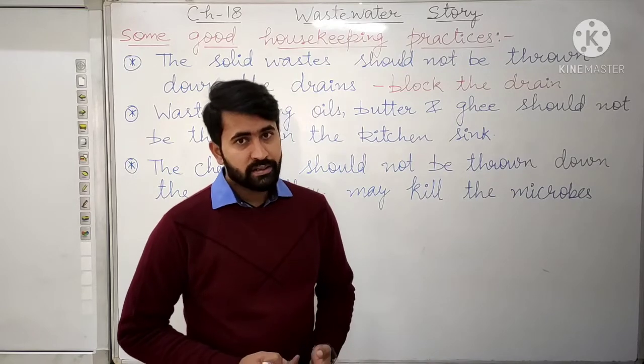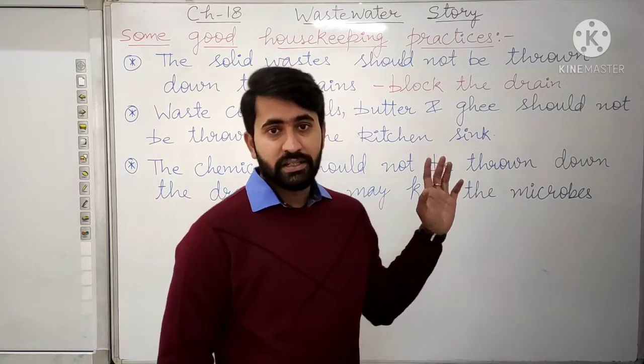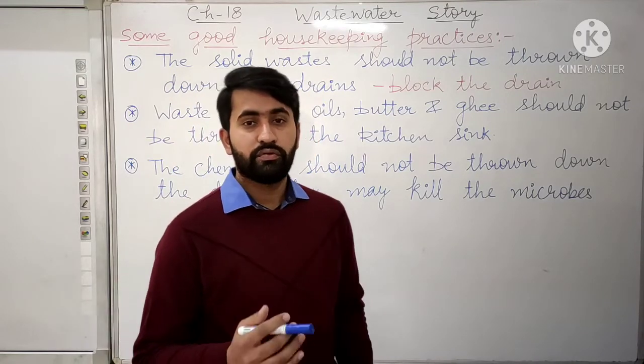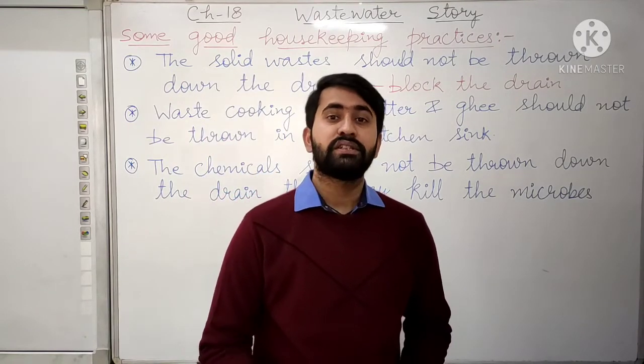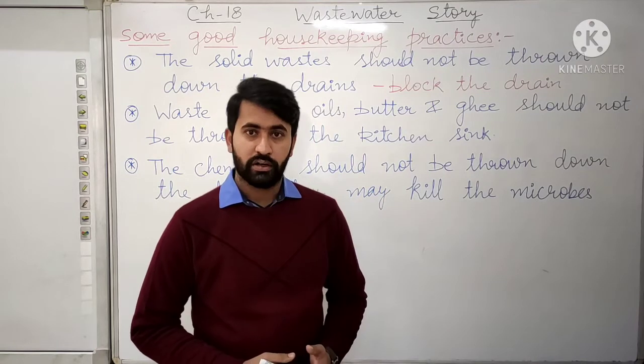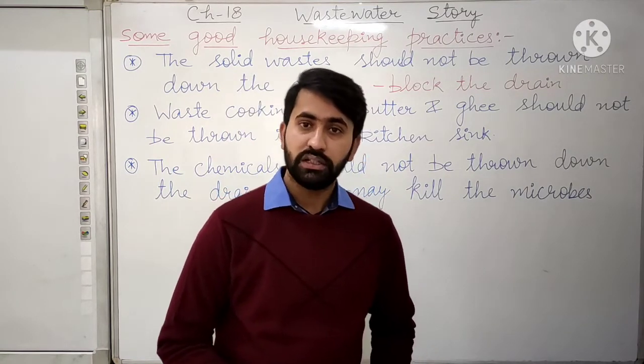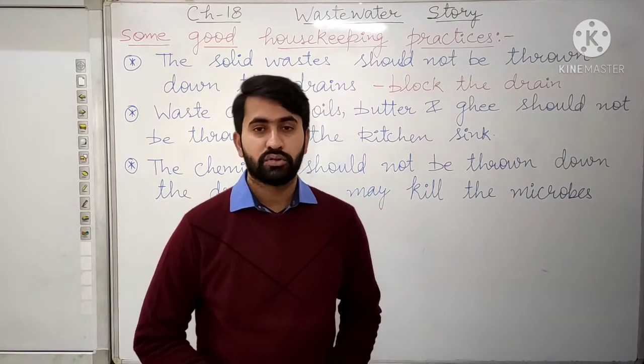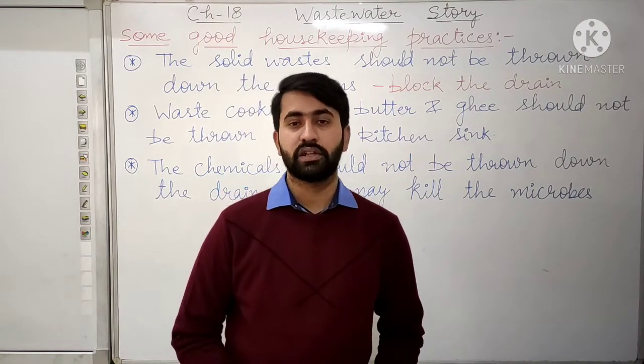By blocking the drains, these wastes also do not allow the oxygen to flow freely in the drain, which is used by the microorganisms which carry out the decomposition of the waste. Now this disturbs the natural process of purification of water.